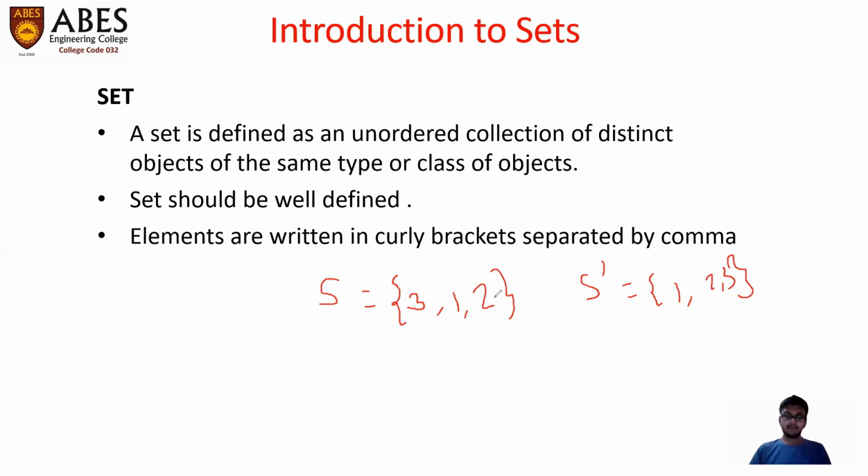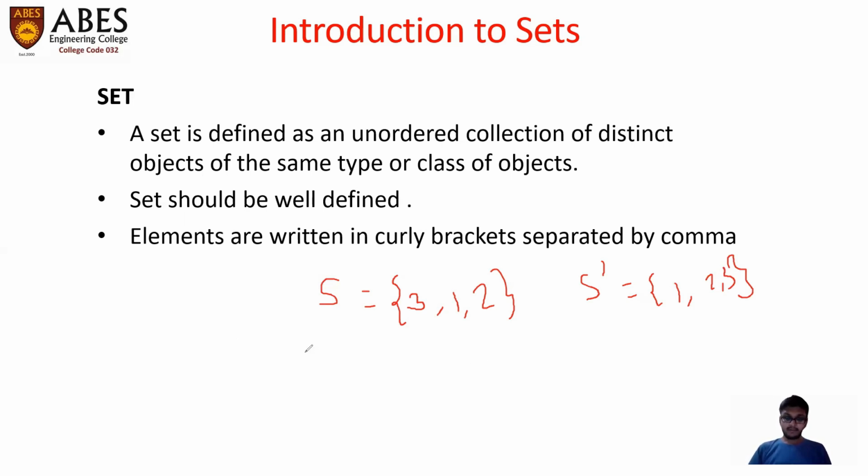Yes, it is true, because as I already discussed, the sequence of elements doesn't matter. Whether I write 3, 1, 2, or 2, 1, 3, or 1, 2, 3, it will be the same set.